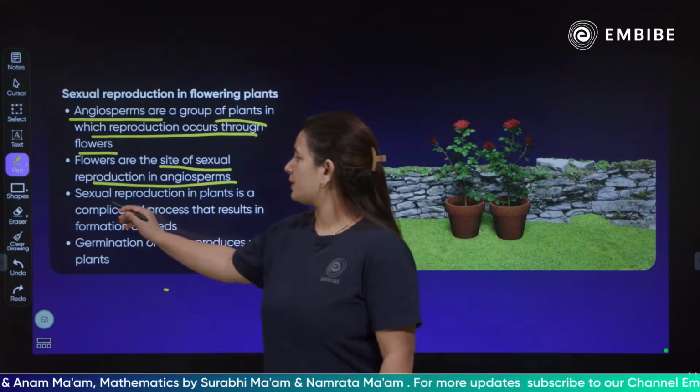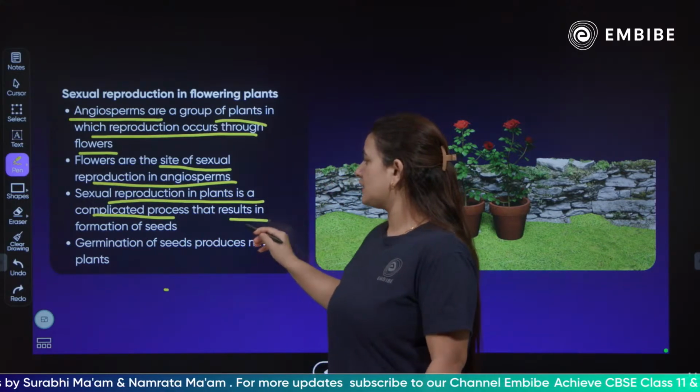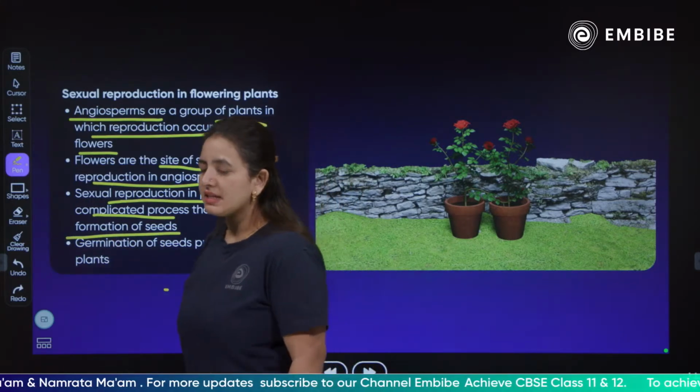Sexual reproduction in plants, children, is a complicated process that results in the formation of seeds.